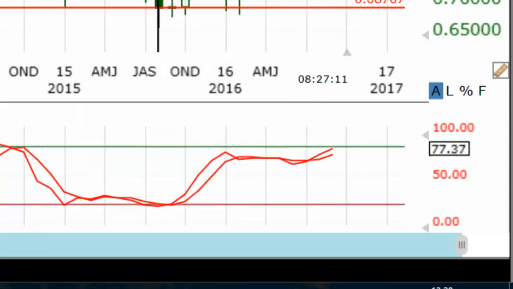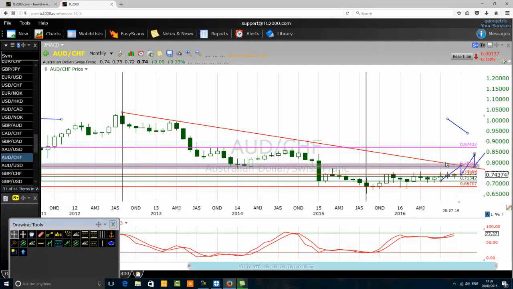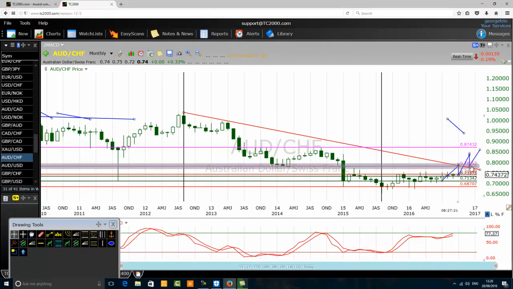Here it is. So the first move is likely to stop at the intersection between 7835 and the right trend line, the intersection point between 7835 and the trend line. Watch out for it if there is a breakout.